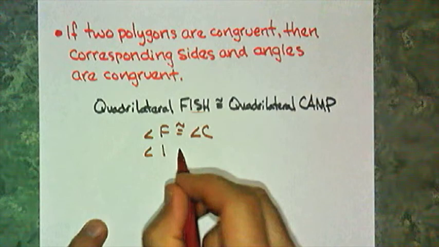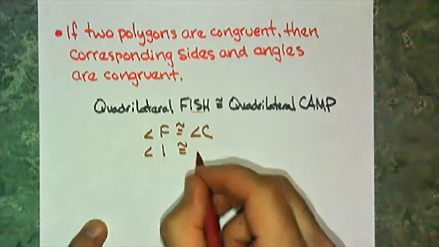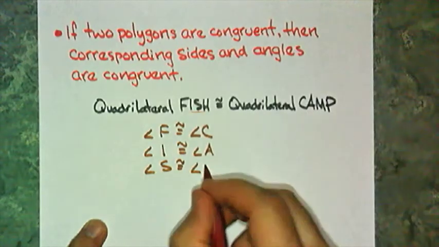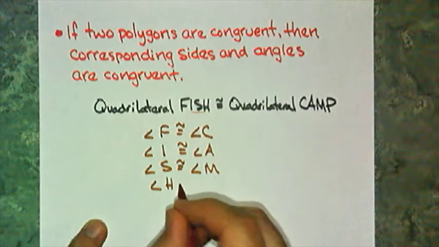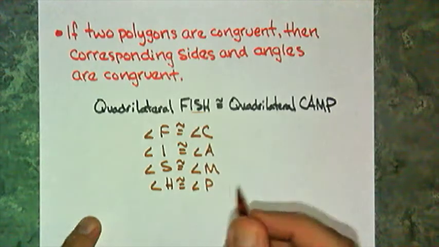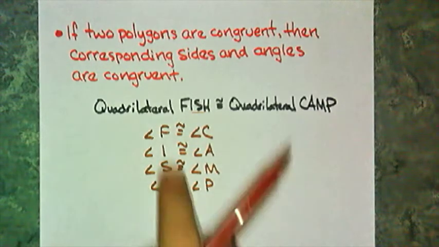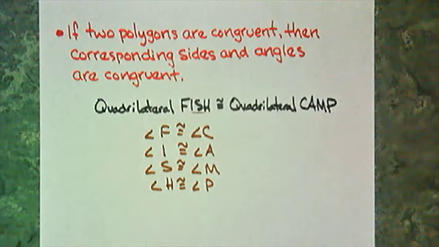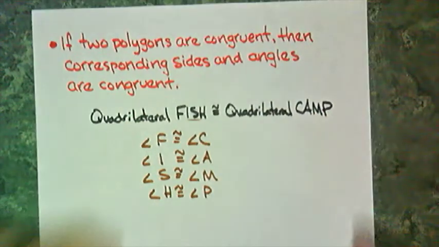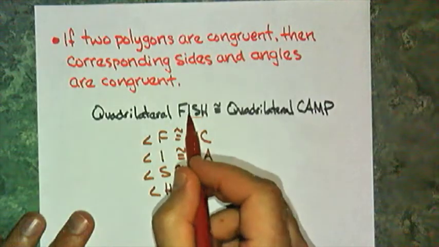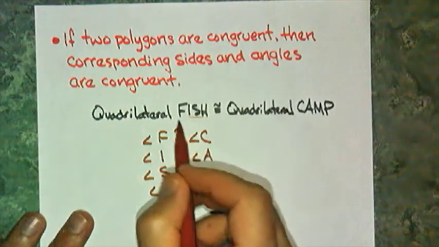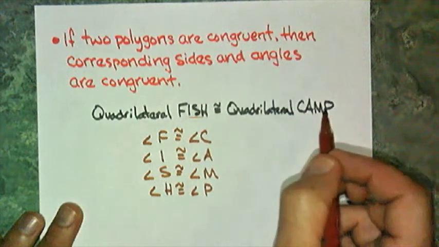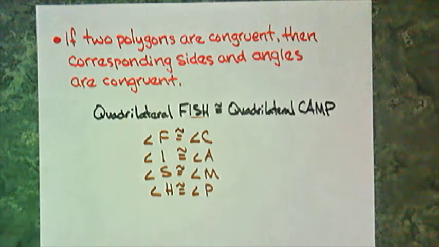Angle I must be congruent to angle A. Angle S is congruent to angle M. And angle H is congruent to angle P. Because they're congruent and because I wrote them in this pattern, then this must be true. So these are adjacent to each other. That's a diagonal, that's FS, which is a diagonal over here. There's CM. All right.